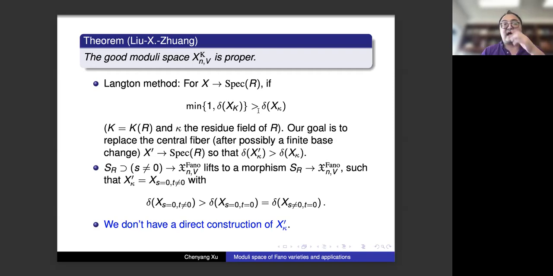Because we already proved delta has finitely many choices, each time you increase it, you will stabilize at the point where the delta of the central fiber is the same as the delta of the generic fiber or one. So that's the plan. However, at the end of the day, it turns out it's not actually a direct construction of this X'.